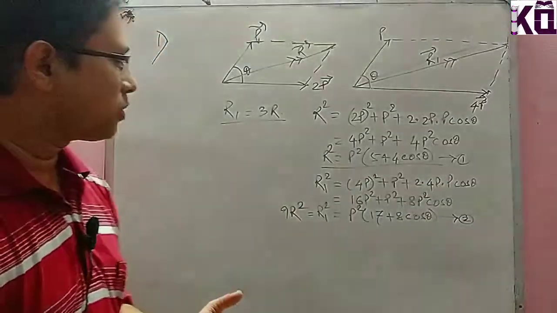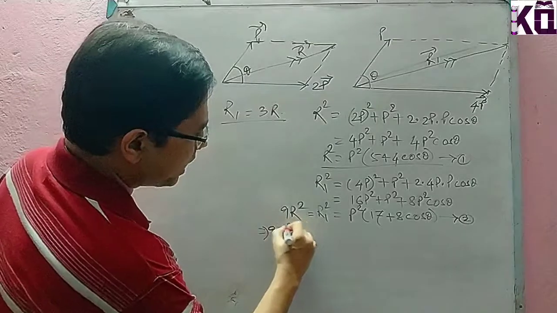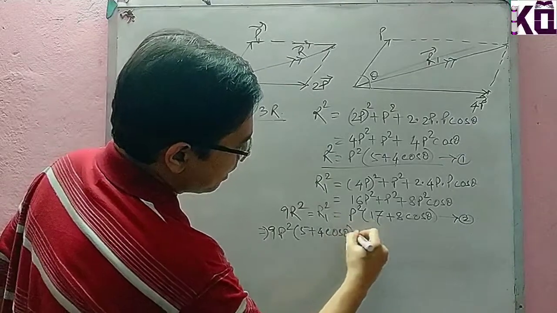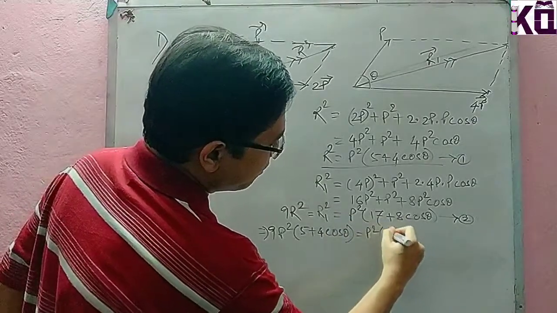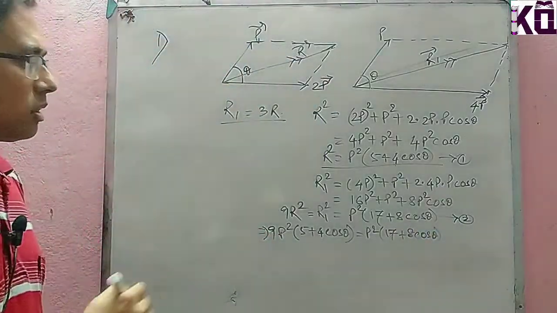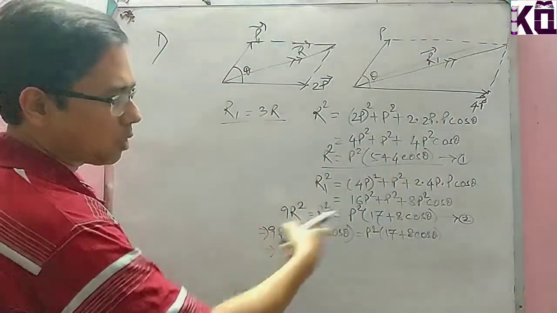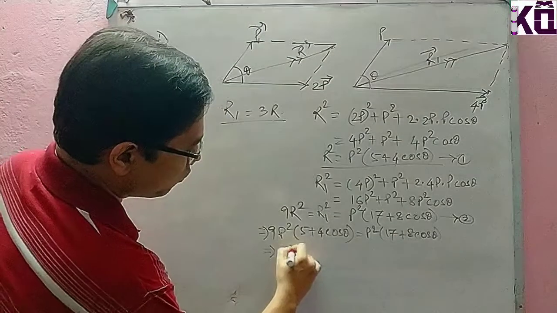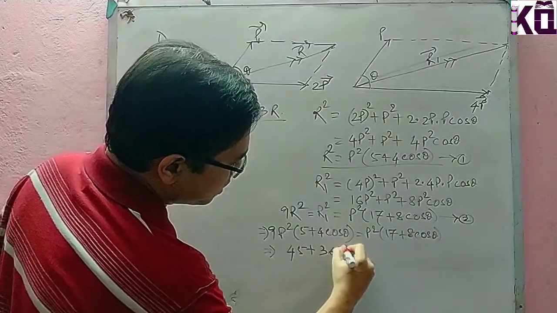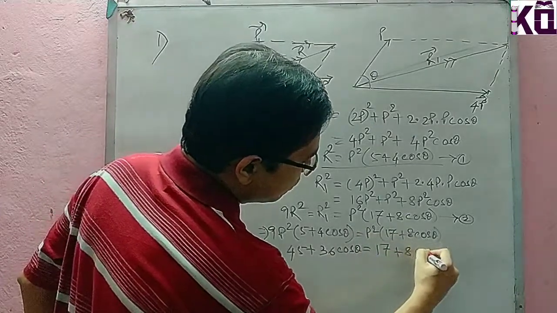We can write this as 9 into p square into 5 plus 4 cos theta, that is equal to p square into 17 plus 8 cos theta, right? So finally, p square and p square both are cancelled out. You will get 45 plus 9 fours are 36 cos theta is equal to 17 plus 8 cos theta.